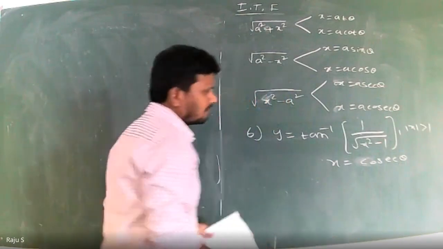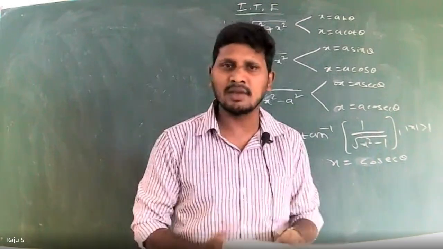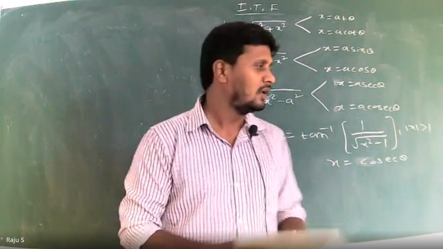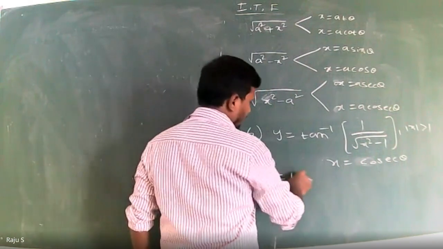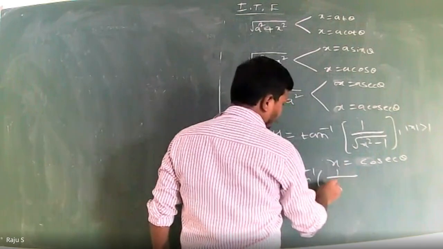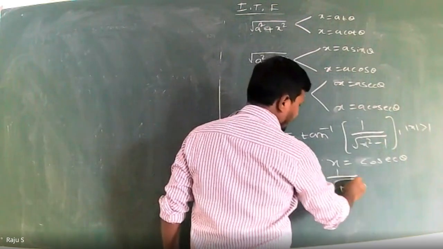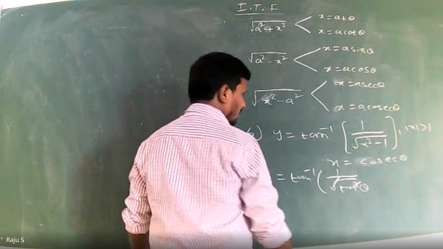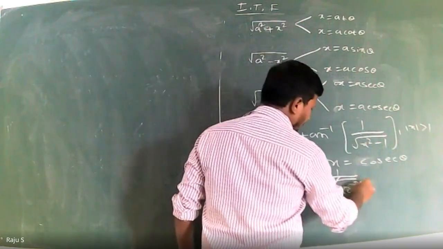Okay. So finally we may get a different answer. You may get doubts about that. So if you take cosecant theta here, y is equal to tan inverse of 1 by square root of cosecant square theta minus 1, that is cot square theta.